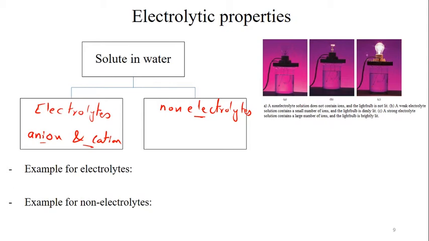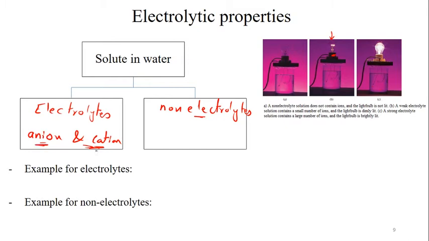Like in that case, but in the middle case, you could see the very low luminescence of the light, because it is a weak electrolyte: the solid doesn't completely dissociate in the solution, and this leads to a very low formation of anions and cations.